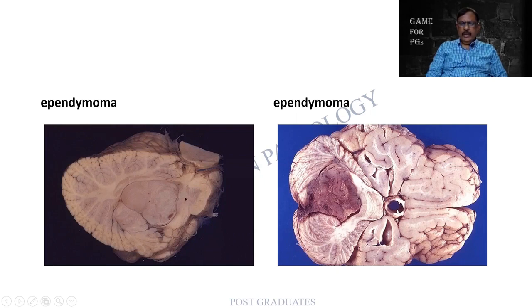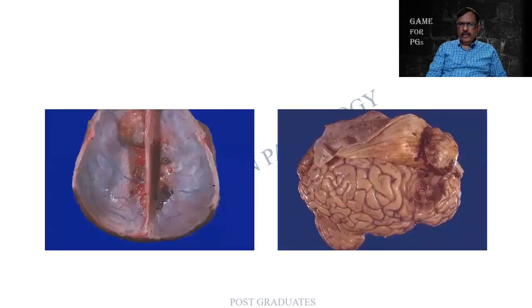I find a tumor with not much of necrosis or hemorrhage. And this again has got a little bit of hemorrhage, both of which are ependymomata. This we had seen earlier also. You find that the brain parenchyma is unaffected, but the tumor is clearly arising from the meninges.